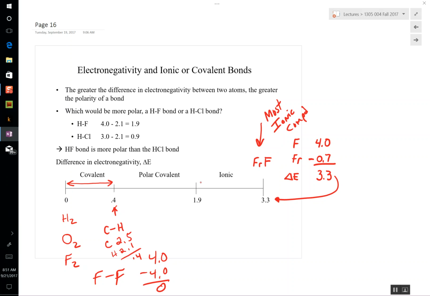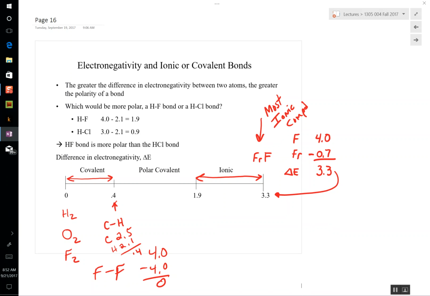From a difference of 1.9 to 3.3 is essentially an ionic bond. And so what about from 0.4 to 1.9? Well, you're getting into polar covalent territory.